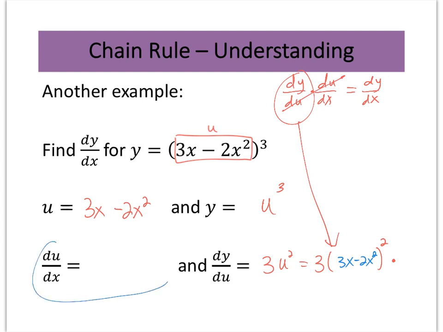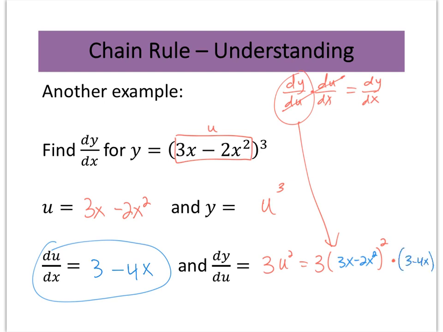Now, I don't have du dx yet, but I can get it really easily by taking the derivative of this top thing. If I take the derivative of this, I get this, and so I'm going to do that in blue. It's 3 minus 4x. So times (3 minus 4x).